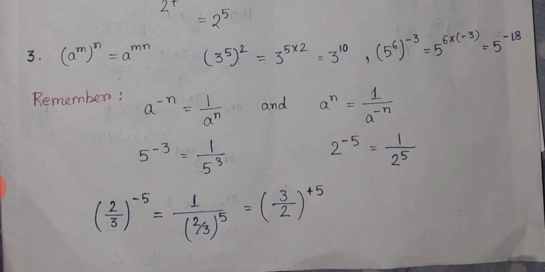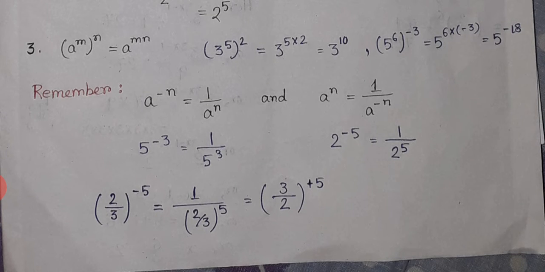For example, 2 to the power minus 5 is equal to 1 by 2 to the power 5. Now, if 2 by 3 whole to the power minus 5 is given, then this is equal to 1 by 2 by 3 whole to the power 5, and this is also equal to 3 by 2 whole to the power 5.